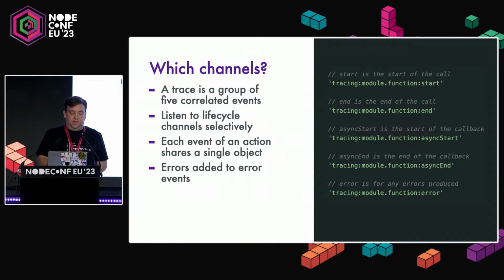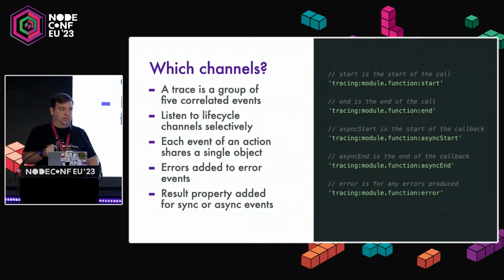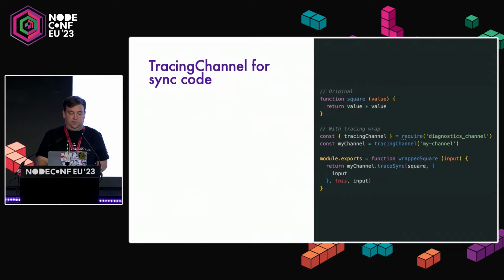And then errors get added as a property of this object, and then it gets emitted to the error channel. And there's a result property that gets added. Before the end, if there's a sync function, it'll add the result property for representing the return, and if it's a callback, it'll add the result before it runs async start. So that's tracing channel.